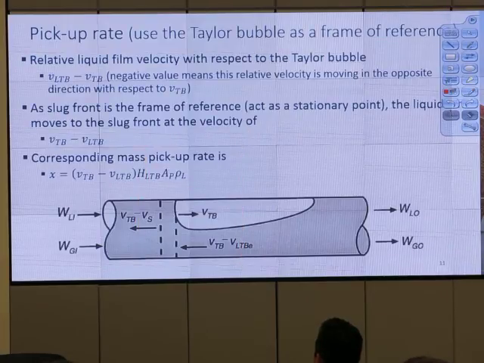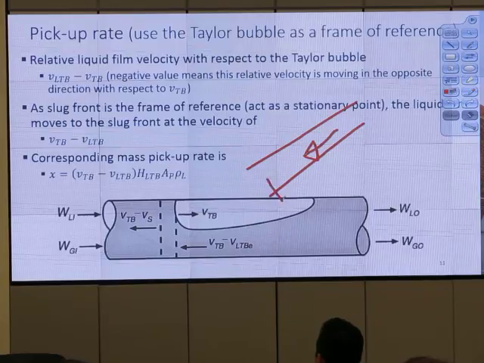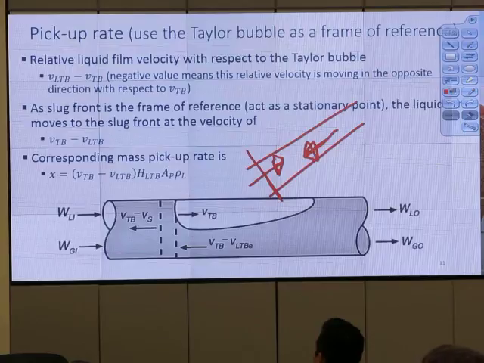In this part, let's say we have an inclined pipe. In some parts we even have a film flow backward. So in the slug body, W will move forward, but in the film region, W will move kind of backward. So it's not quite the same, right?